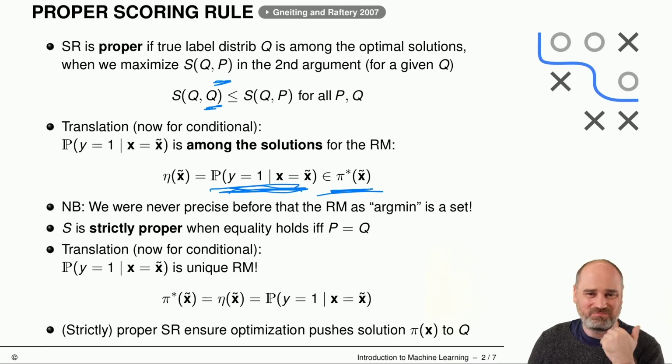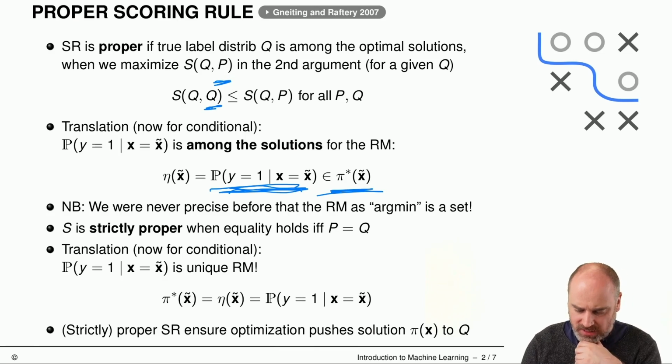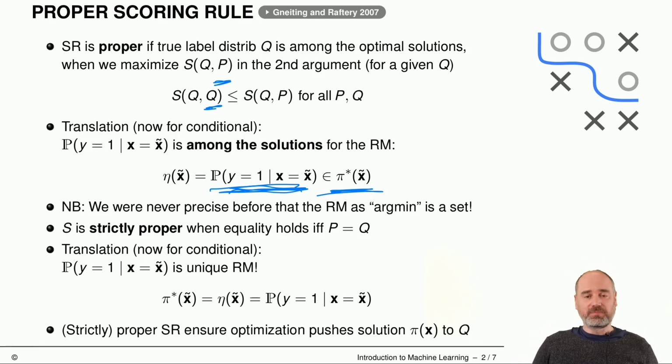And that means, if we require that, there can only be one unique solution, and this one unique solution is going to be our true label distribution Q. And this means that our risk minimizer is actually unique, and it's going to be this conditional distribution pi, probability of y equals 1 given x.